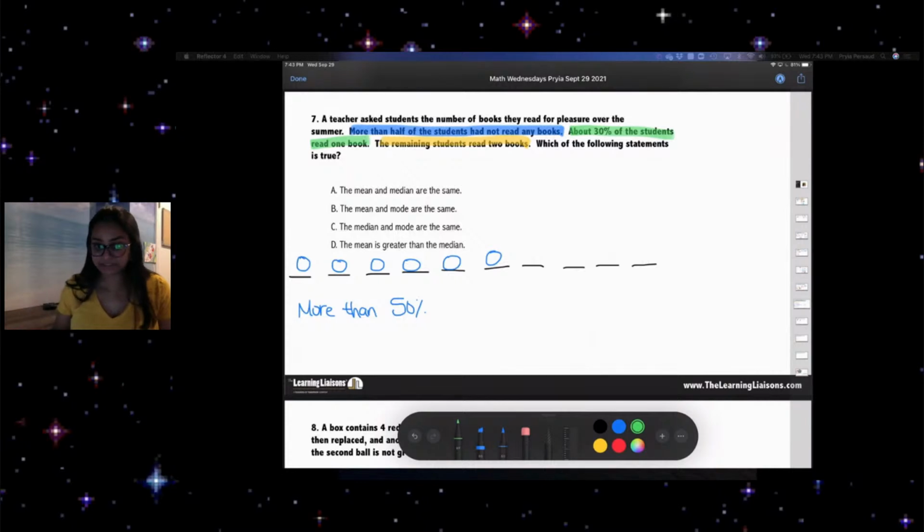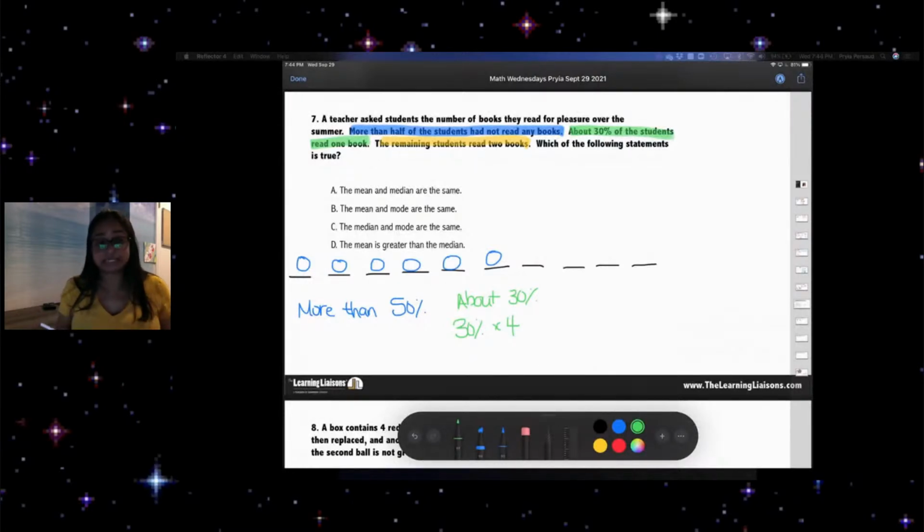It's then leading us to about 30% read 1 book. About 30% of what? Remember, they didn't give us any numbers. It's about 30% of what we have left because we made up this number. If they told us 10 students, 30% of 10 students, see where that would give us. But we made up this number. So it's 30% of what we have left, which is 4 students.